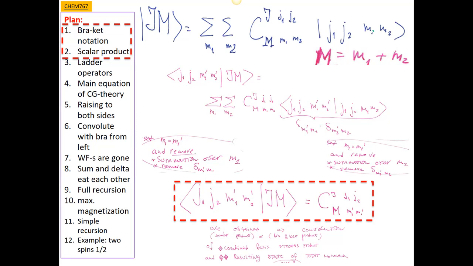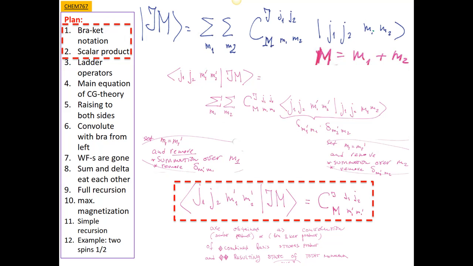And then we do not have a sum, and we do not have delta functions. Also, instead of M2, we will write M2 prime. So the left part doesn't change.